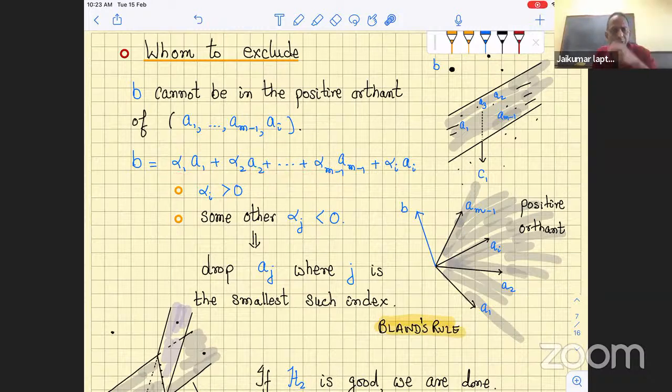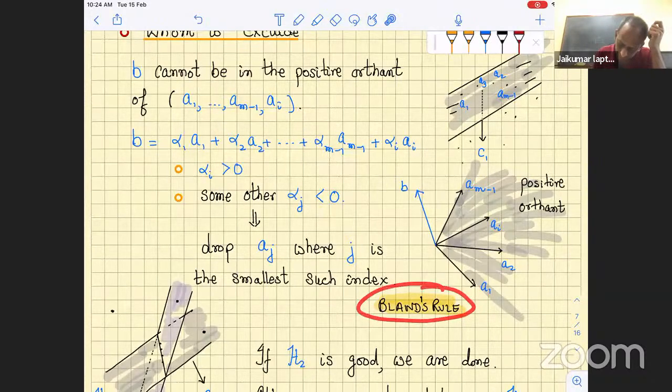And what we are going to do is drop one of the A's whose coefficient is negative, and take the hyperplane spanned by the remaining m minus 1. Now, there might be a choice. There might be many alphas here which are negative. Which among them should we drop? Again, Bland's rule. Take the first one.